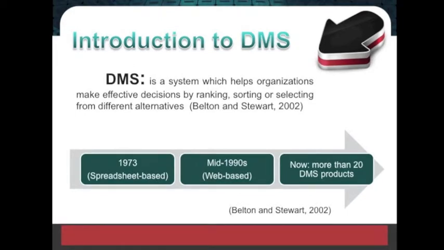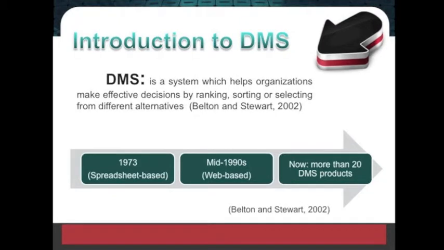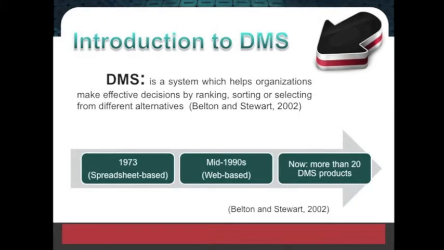According to Belton and Stewart, decision-making software is a kind of system which helps organizations make effective decisions by ranking, sorting, or selecting from different alternatives. The early decision-making software was introduced in 1973, and most of these products were spreadsheet-based.